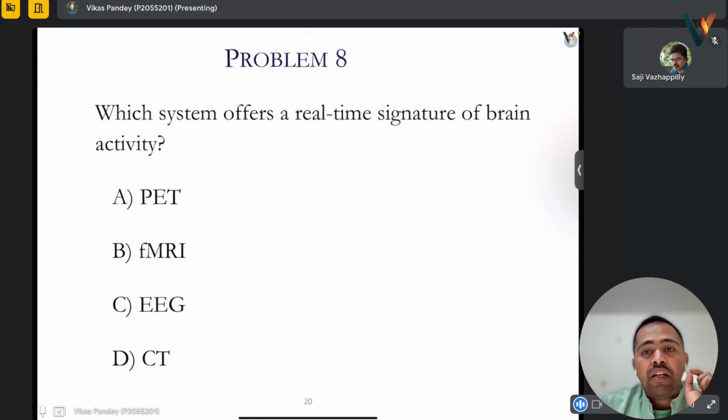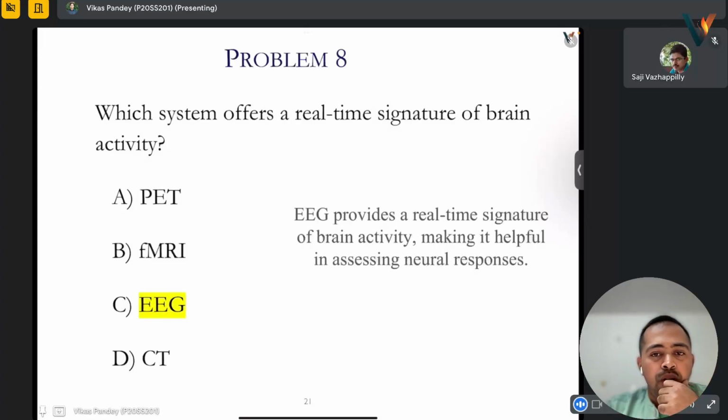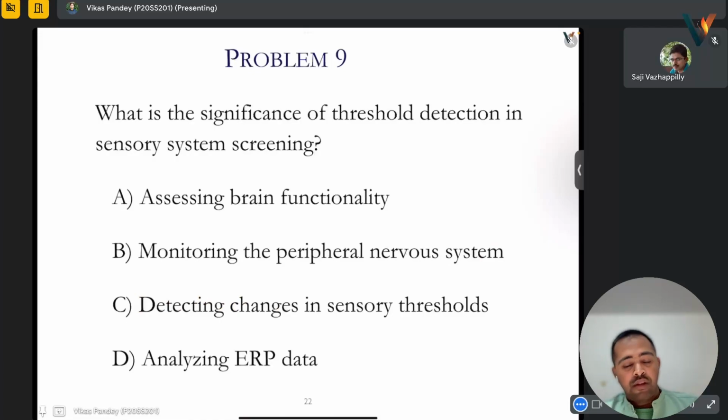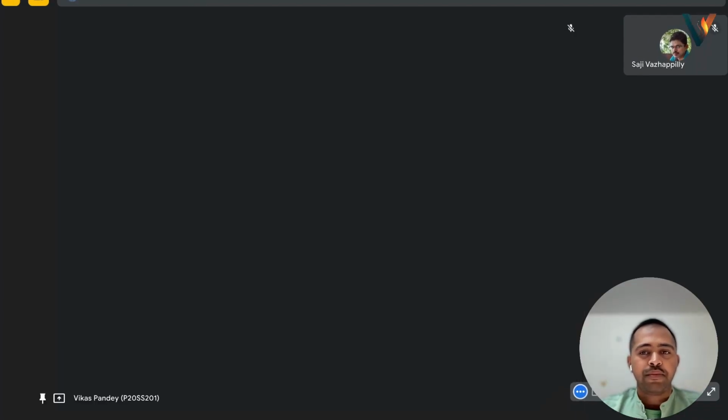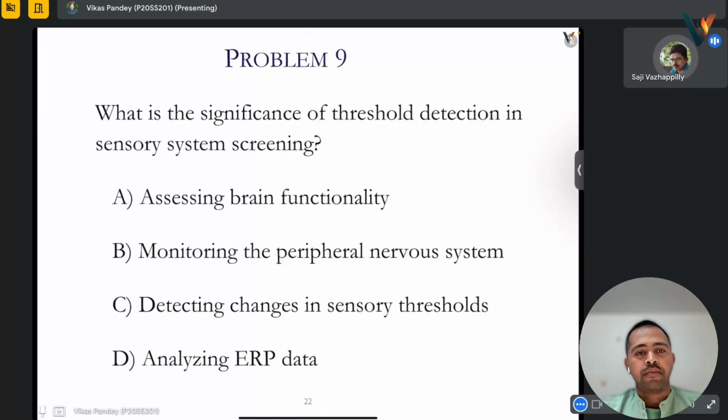Which system offers a real-time signature of brain activity? PET, fMRI, EEG, or CT? Real time, maybe EEG only. EEG, because it is temporal in nature. Okay. What is the significance of threshold detection in sensory system screening? Assessing brain functionality, monitoring the peripheral nervous system, detecting changes in sensory threshold, or analyzing ERP data.